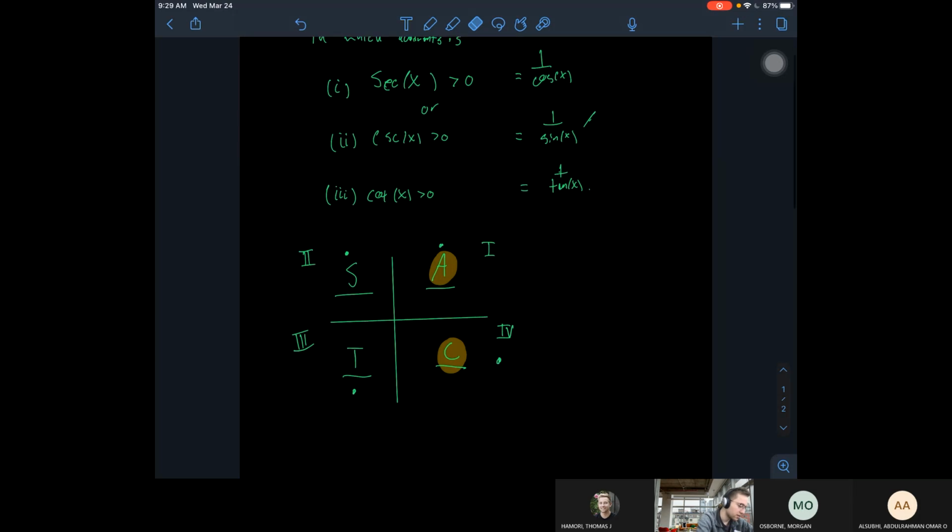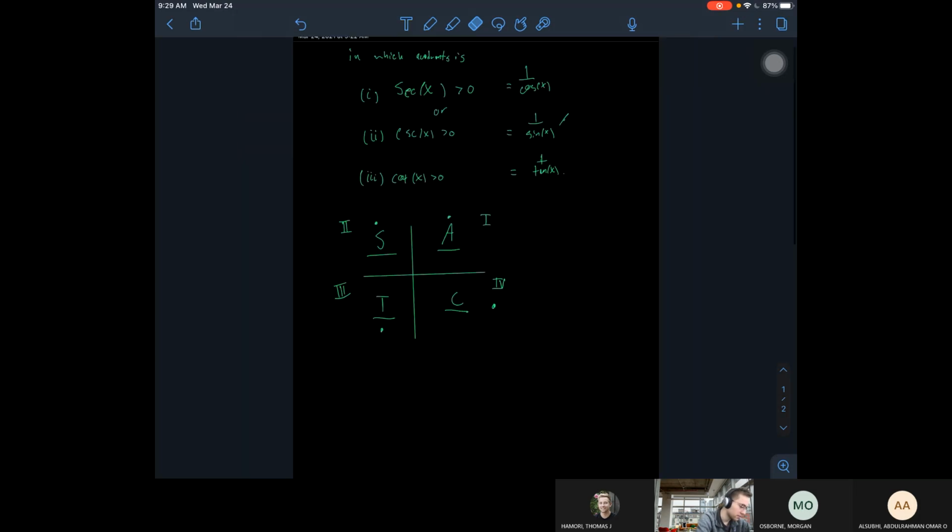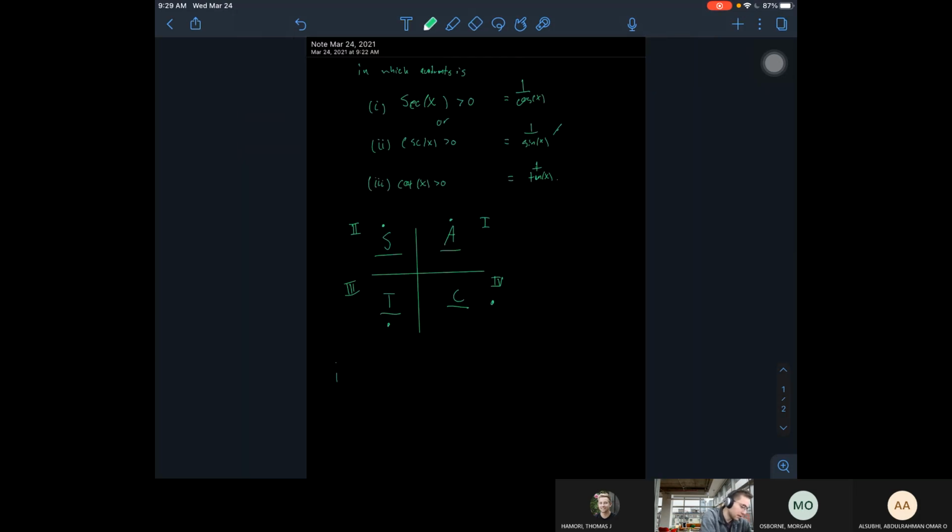So let's see if you can answer the following question. In which quadrants do we have cotangent of x less than 0?